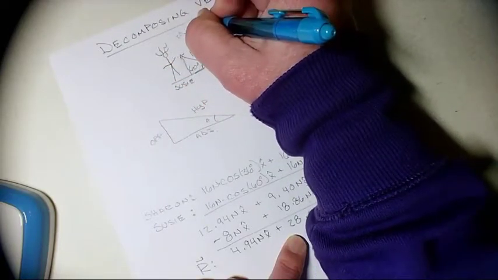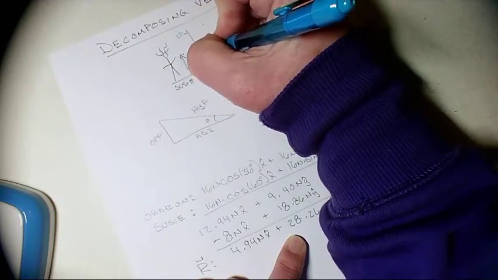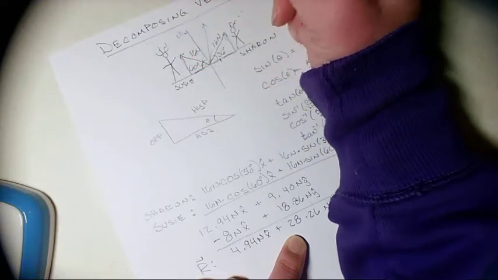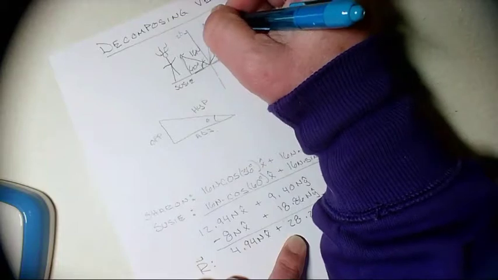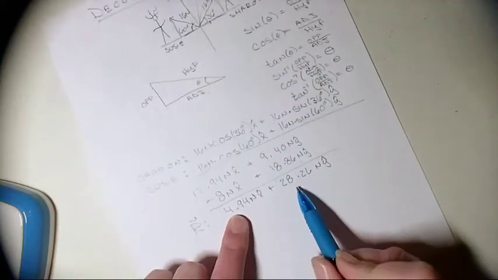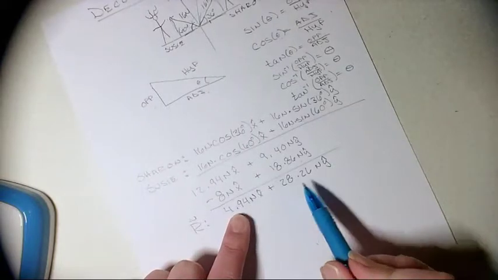So my resultant vector, starting from the origin, is going to be this way. So the net force is going this direction, and it's defined by these two vectors.